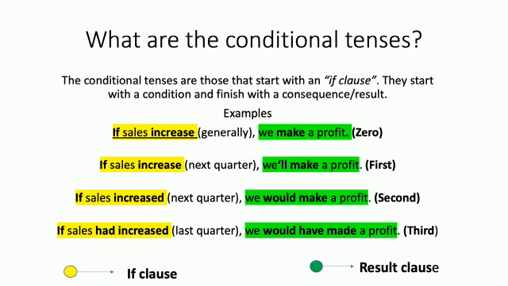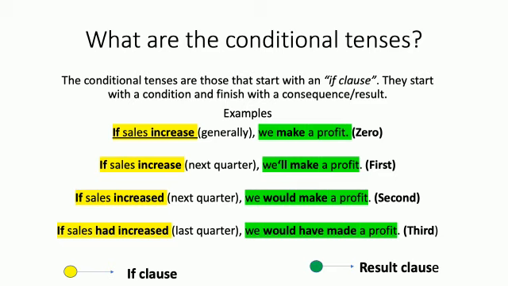Here the meaning of the conditional is general. Why? Because we are expressing a general truth, and I'm going to explain each type apart. Here the meaning is general, as I've said, because this is a zero conditional.